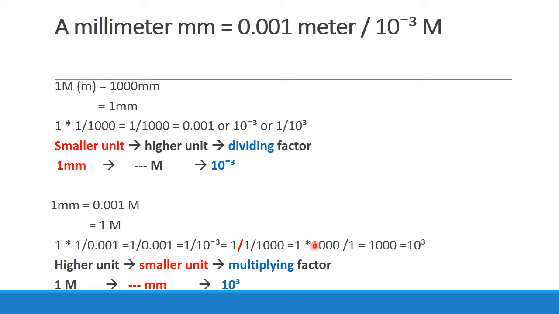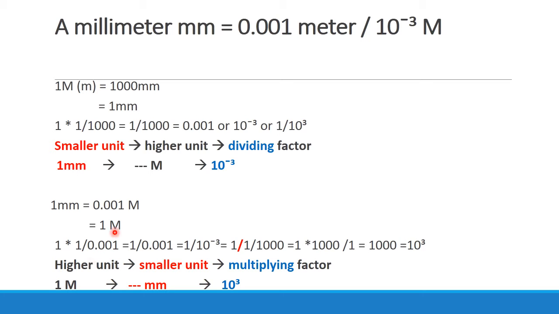So when this part is brought to the numerator, it will be no more dividing here, it will be 1 into 1000 by 1. So 1000 will go to the numerator, in the denominator you will be having the 1. So 1 into 1000 divided by 1, that is nothing but equal to 1000, where I can write this 1000 as 1 followed by 3 zeros. So it is 10 to the power of 3.